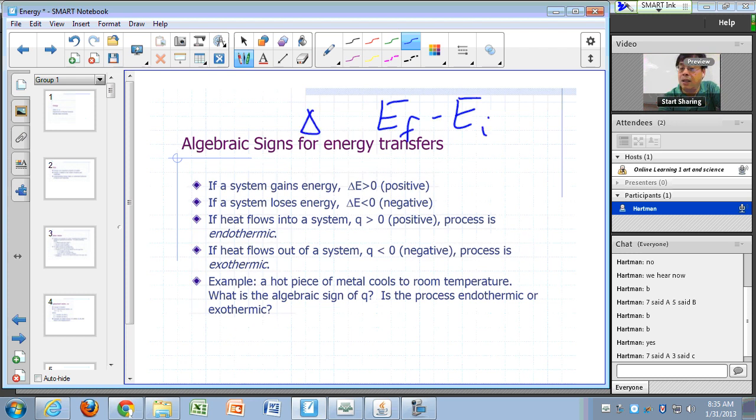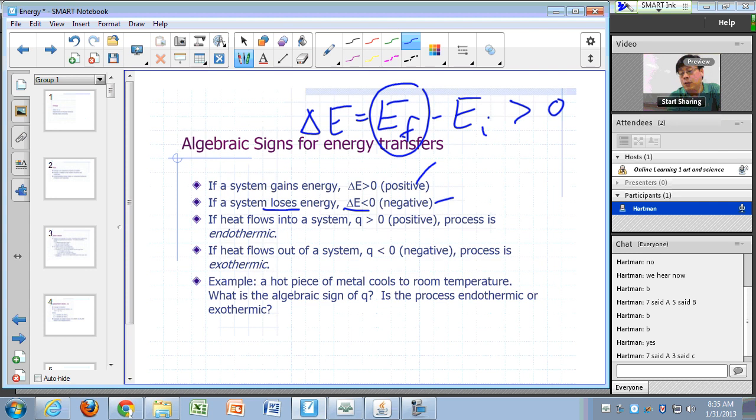If you expect the final energy to be higher because energy went into the system, then E final minus E initial would have to be a number greater than 0. It would be a positive number. If delta E is negative, that means the final energy is less than the initial energy. So delta E is negative if the system loses energy.